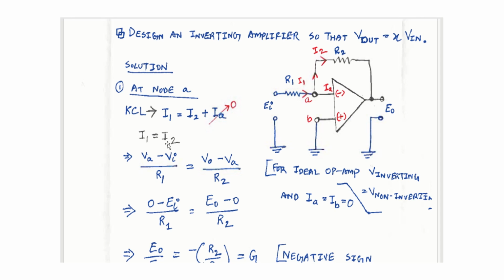Now from here we can apply Ohm's law. So voltage difference over the resistor: the voltage at point A minus the input voltage over R1, equals the output voltage VO minus the voltage VA over R2.